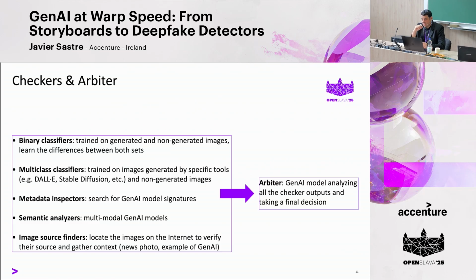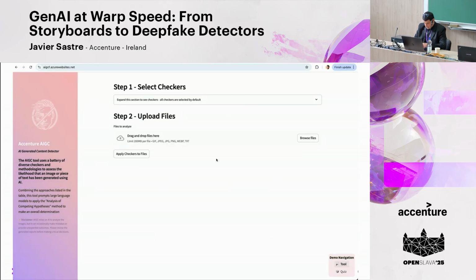It is ingesting the reports of all the different experts and, taking into account the strengths and weaknesses of the different experts and what they said about the image, is going to make a final decision. And it's going to create a summary, okay? It's going to tell you yes, no, generated, non-generated, and because of this, and this is the evidence that I have used in order to make this final decision.